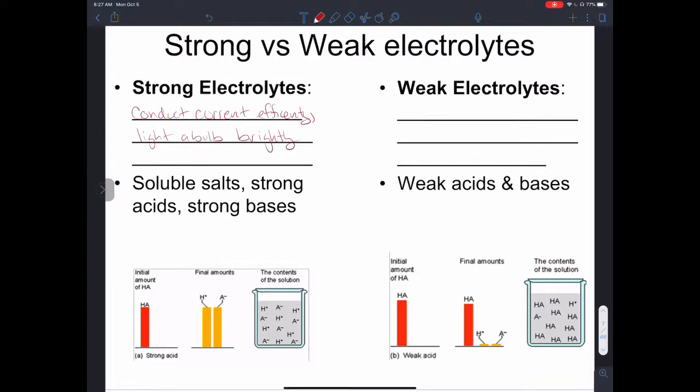Whereas weak electrolytes, on the other hand, do not. They are poor conductors of current, and they light a bulb weakly or poorly.